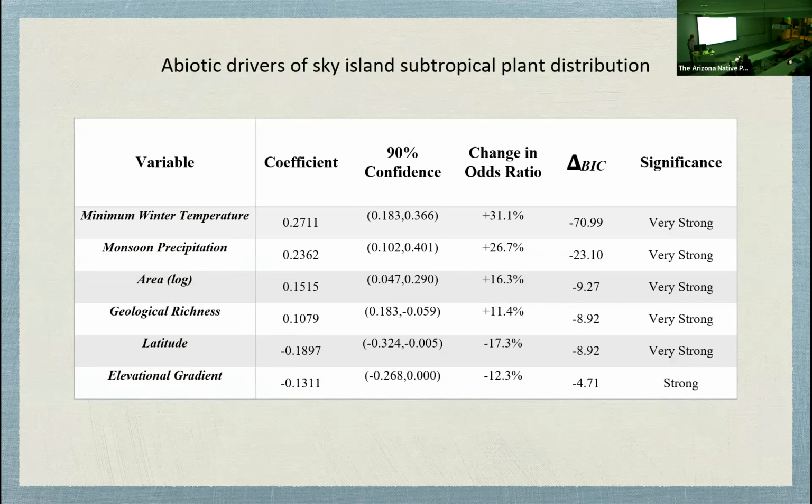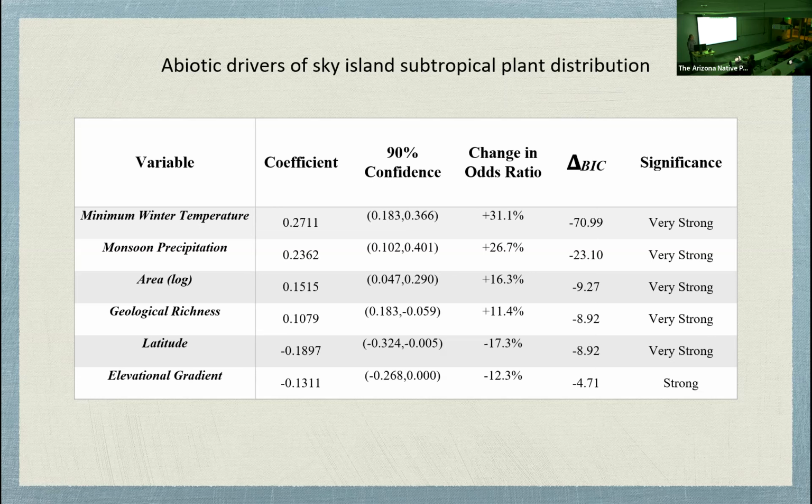Here are the abiotic drivers. And what we found is that at the top of the list is the most significant: minimum winter temperature was the most significant. Very strong significance, followed by monsoon precipitation. You can see on the list that total annual precipitation was not a significant driver. So this was an interesting result, that seasonal precipitation is a very strong force in subtropical plants.